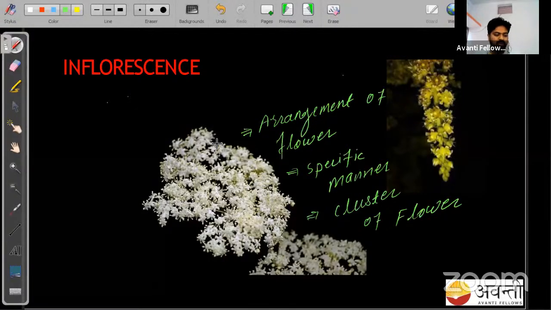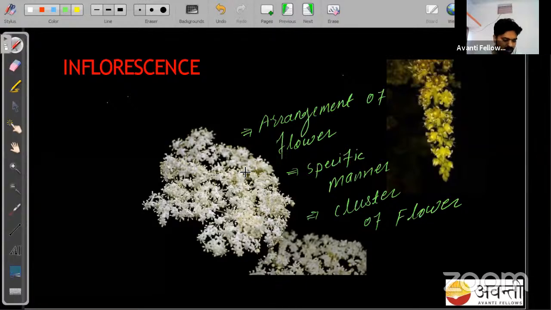Due to this structure, the reproduction process becomes easier. So yes, Gopika, correct. Arrangement of flowers on the axis.